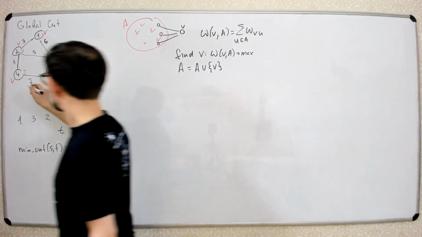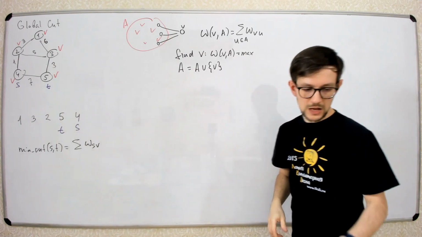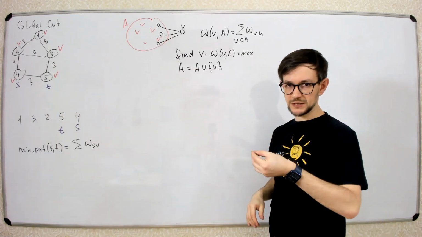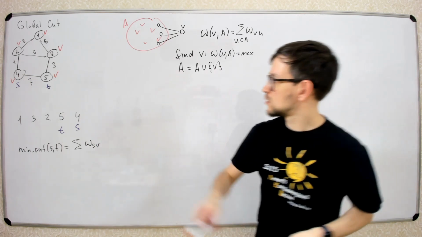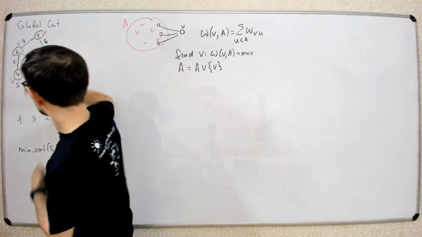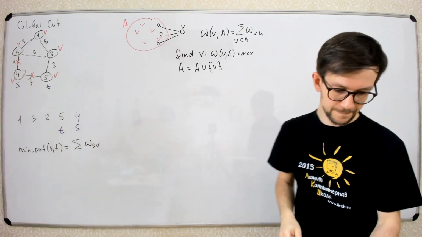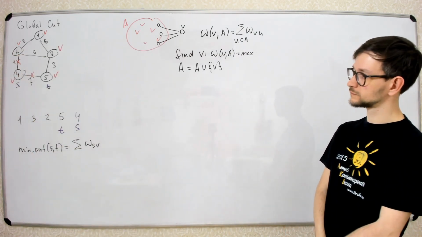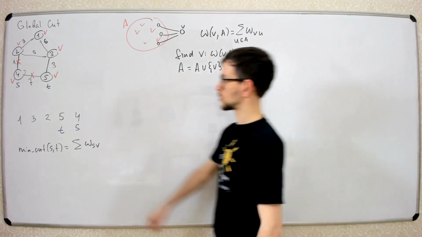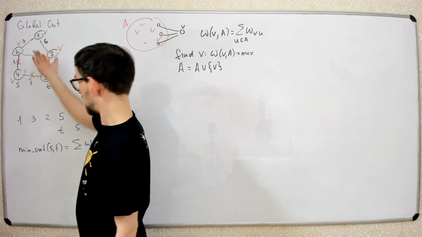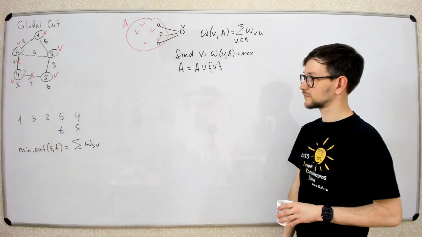So we have this node S, this is node T. I claim that the minimal cut between S and T is basically just to remove all the edges connected to S. So the minimal cut between these two nodes just contains these two edges. So for this graph it's true. The minimal cut between here and here is 8. Magic.